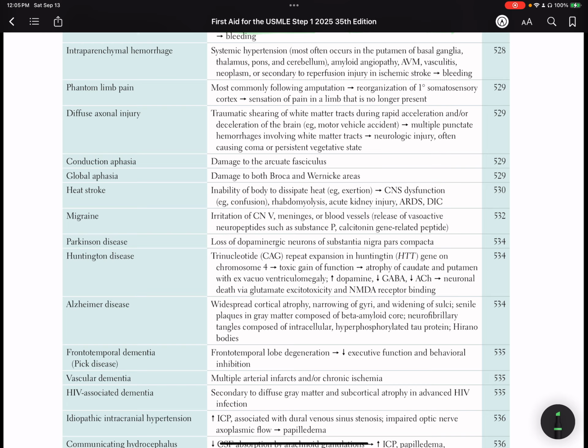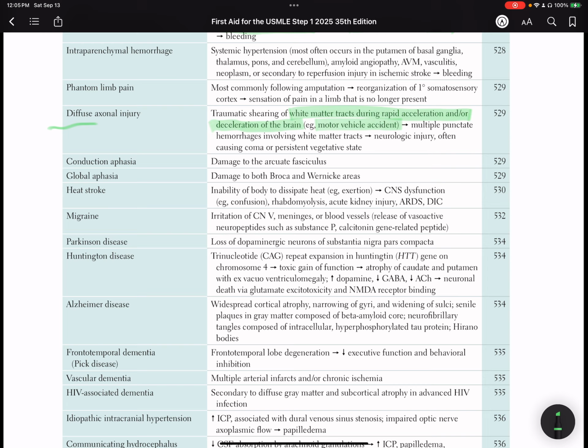What causes diffuse axonal injury? Diffuse axonal injury is caused by traumatic shearing of white matter tracts during rapid acceleration or deceleration of the brain, like a motor vehicle accident.